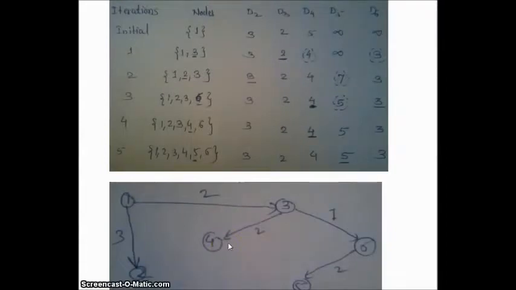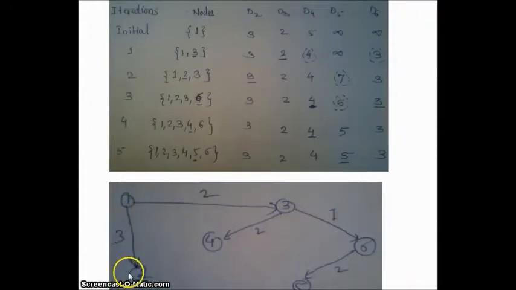Now we come to the last entry of this table. Node 1 to node 2 is distance 3, so it is represented with respect to this graph.